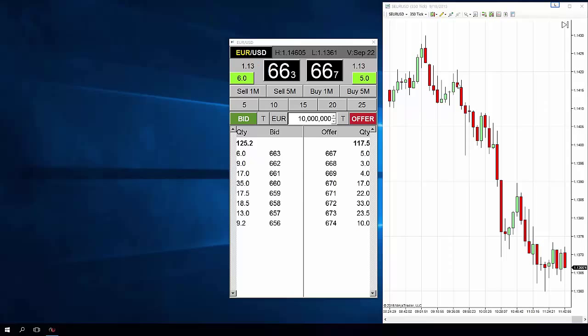So the client is buying 50 million, let's just say at 20. That causes this big drop that you see in the market.